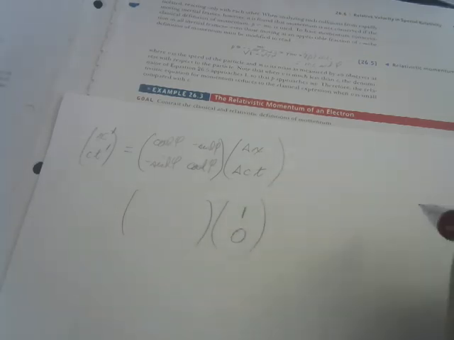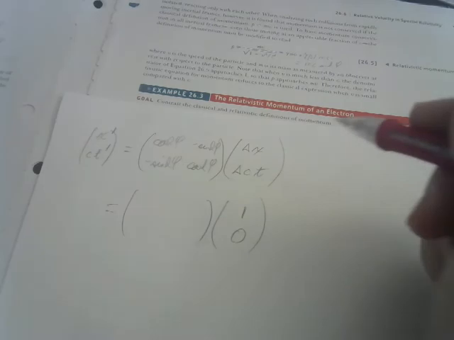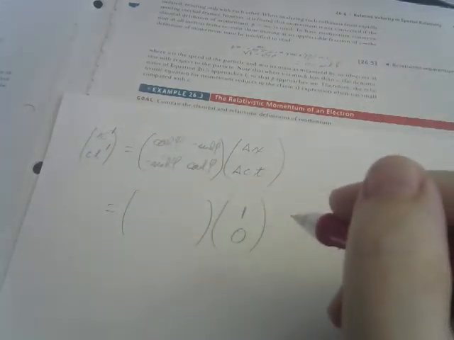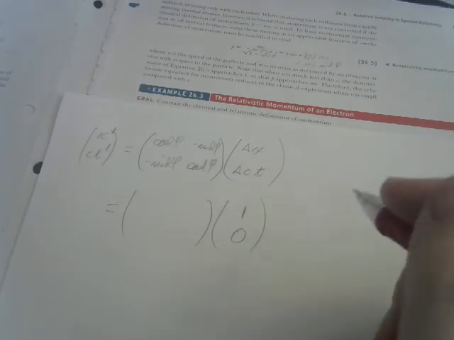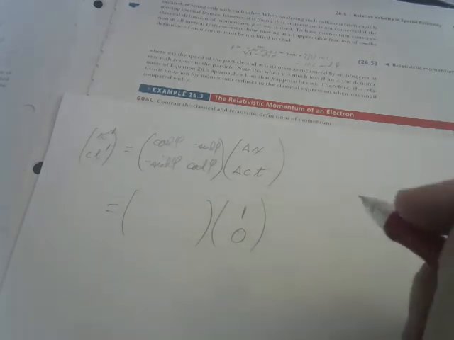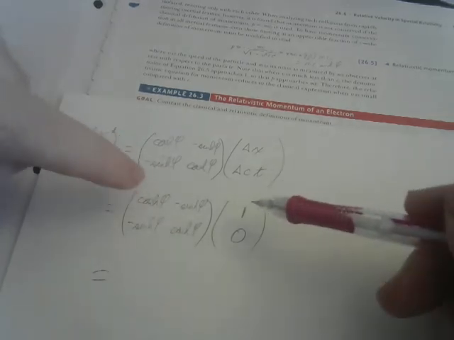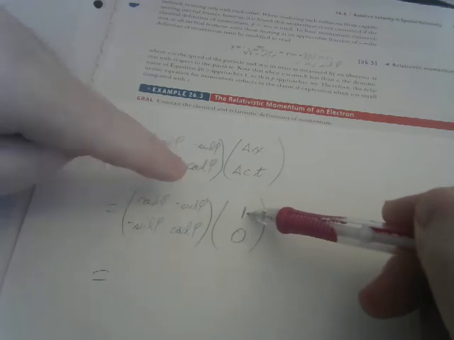This is going to give us both the new position and time, but I'm only concerned with the position. So we take cosh phi times delta x minus sinh phi times 0, which comes out to be cosh phi delta x.